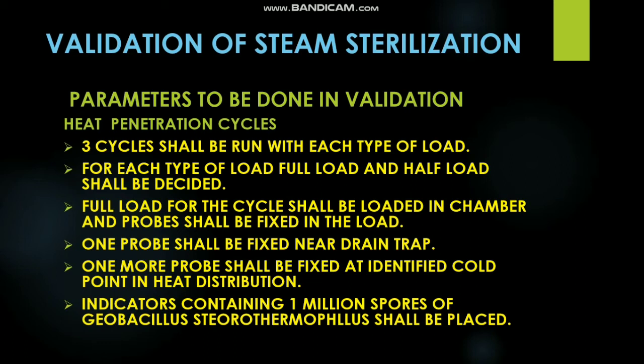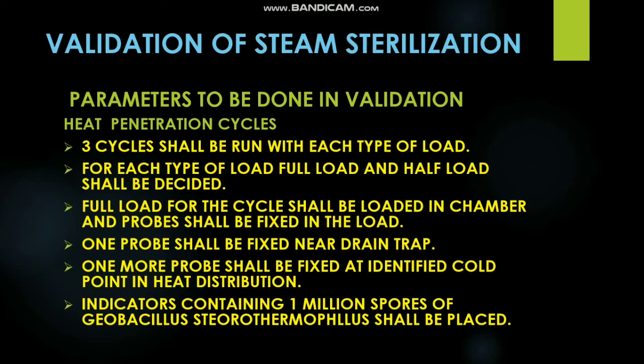Then 3 cycles of each type of load shall be run, and the temperature profiling shall be recorded, and afterwards F0 value is calculated from this temperature profiling. After doing the full load study, the half load study of the same type of cycle should be done.